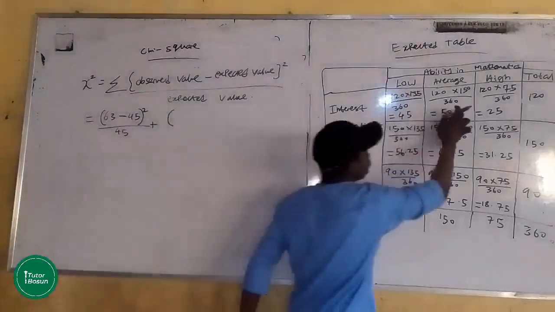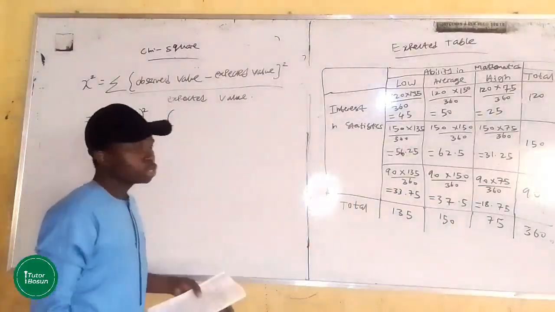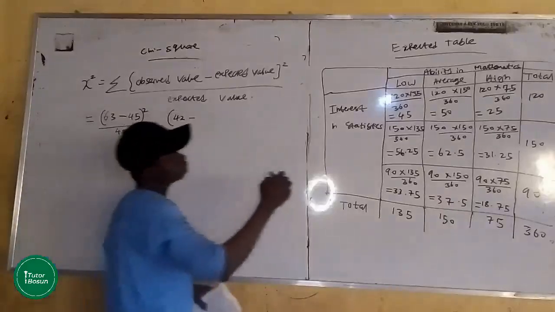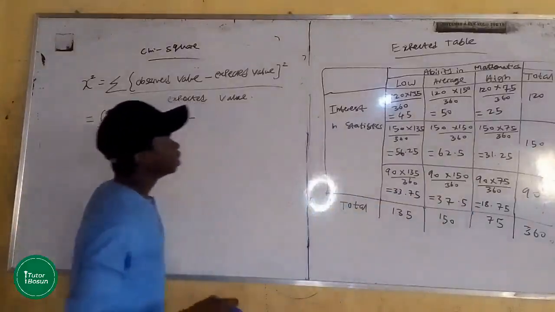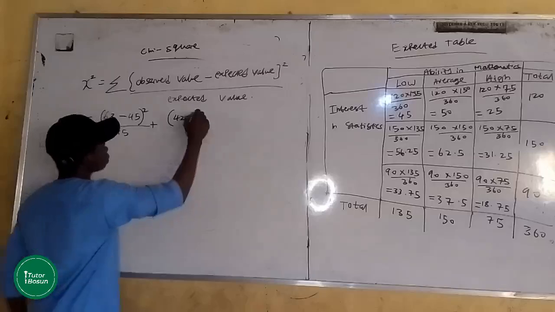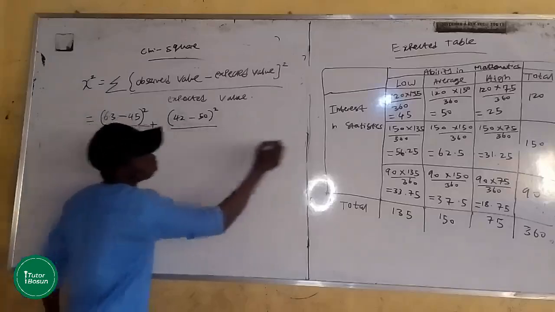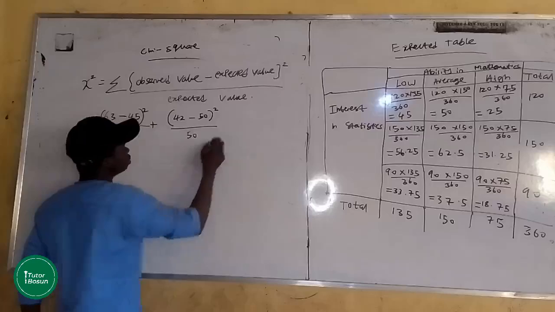Plus, for this box, what is our observed value, which is given in the initial table? Our observed value is 42 minus the expected value. The expected value is 50, squared, divided by the expected value, 50.